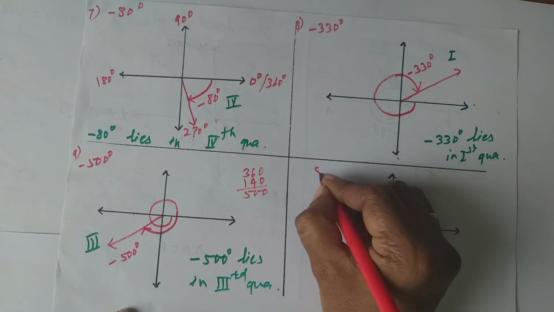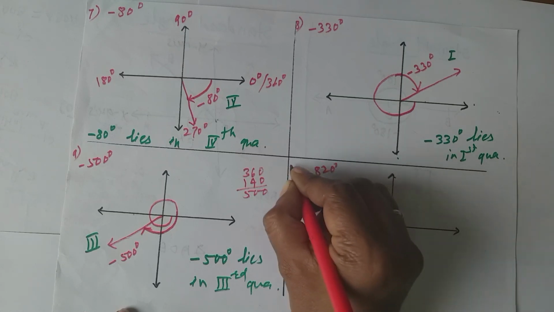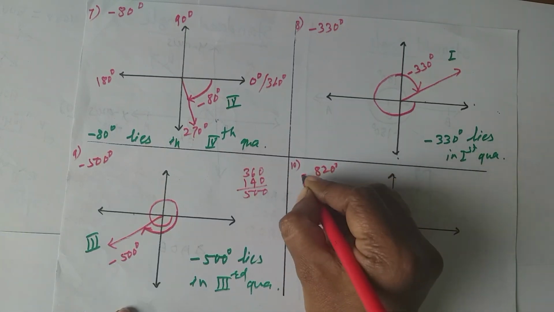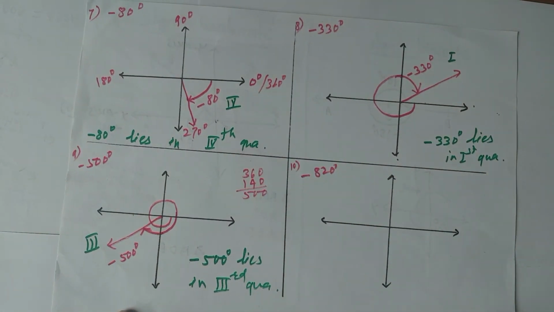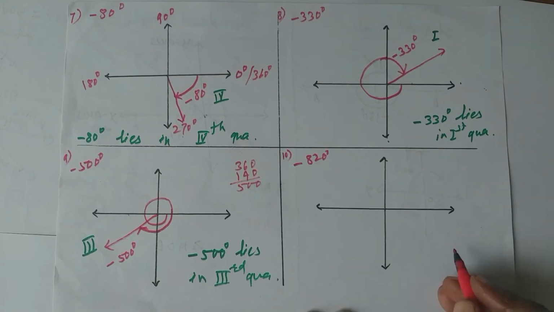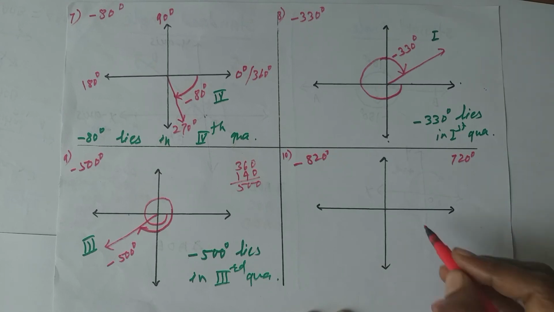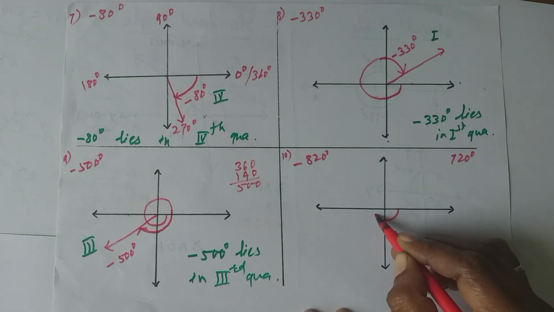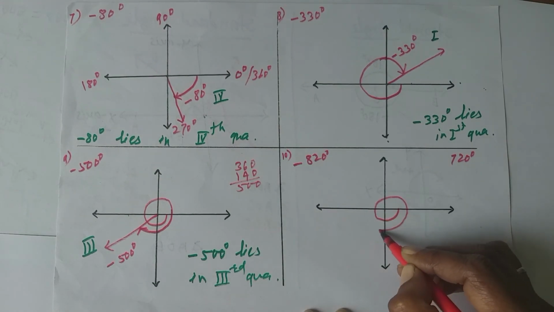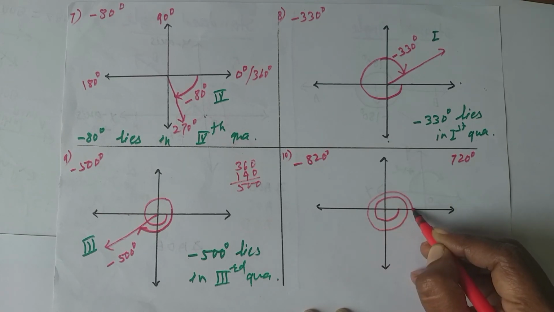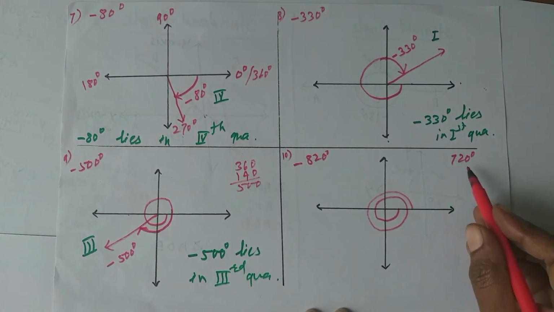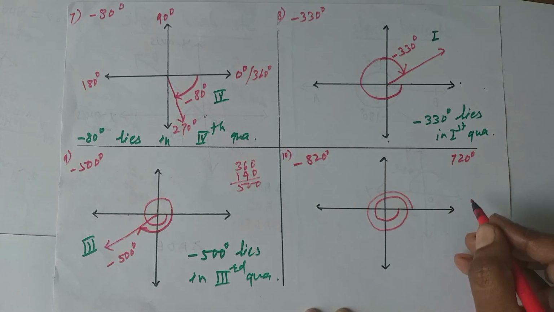Suppose angle of 820 degrees is given and sign is negative. Again we have to move in clockwise direction. After complete two rotations, angle of 720 is formed. Rotate in clockwise direction and do the complete 2 rotations, then angle of 720. Then how many do I have to add?